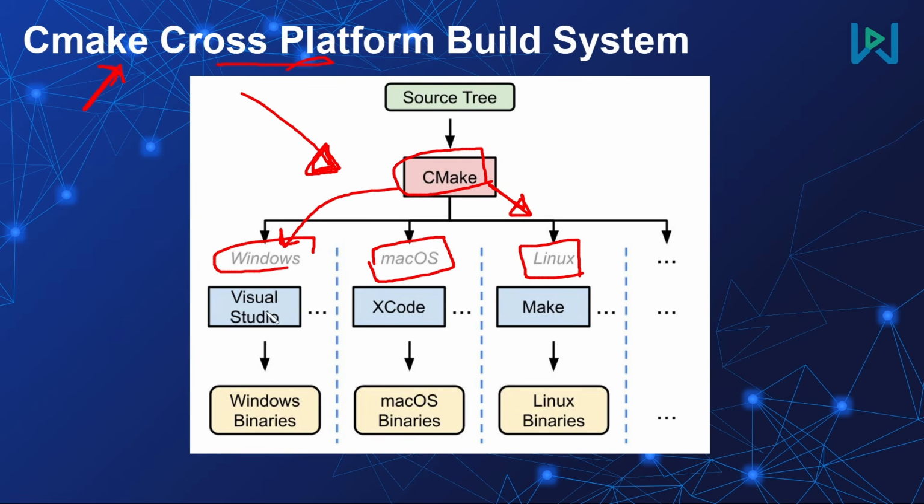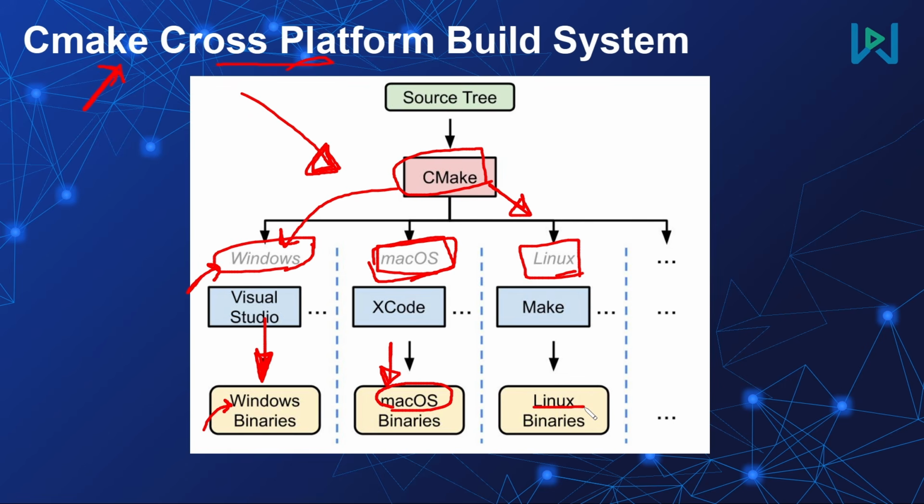Then we either generate a native binary that can be executed and run within our hosting machine. So for Windows, the final outcome is a binary to be executed by a Windows machine. If we run our project in macOS, then we are targeting the same hosting operating system. So the binary is expected to run on a macOS machine, and the same for Linux.